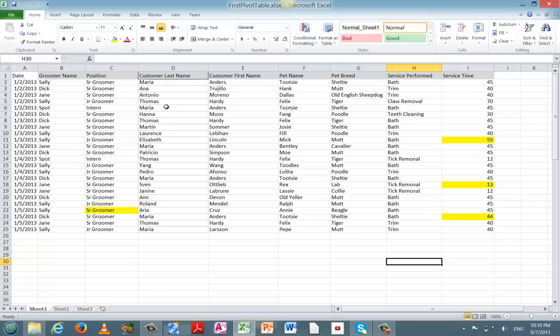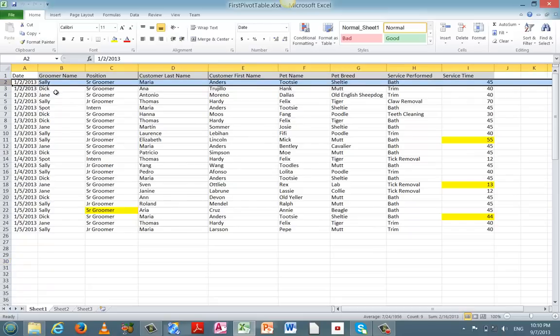So as I look at row 1, for instance, row 1 relates to a particular occurrence within that theme of a groomer named Sally, and it also relates to a service theme of bath. So a bath is a service, and the bath time we calculate to take about 45 minutes.